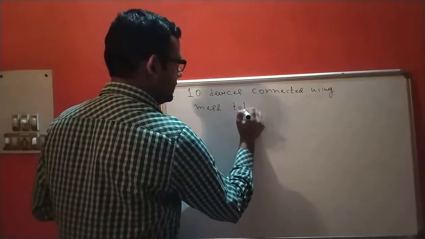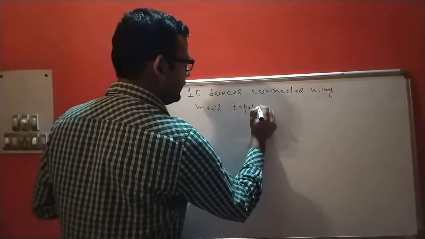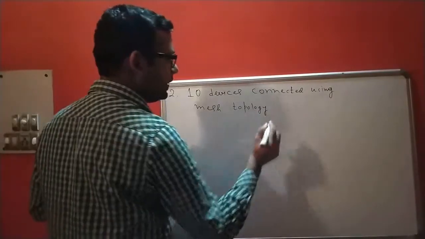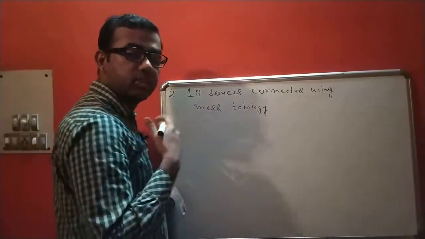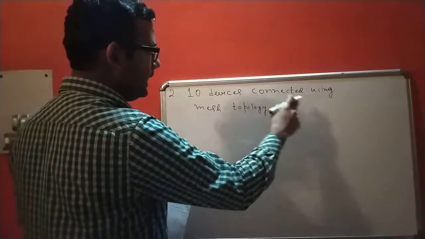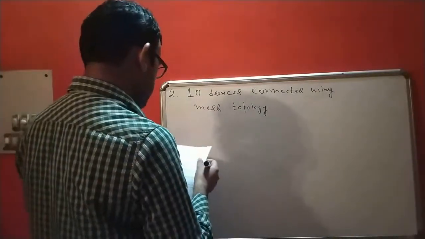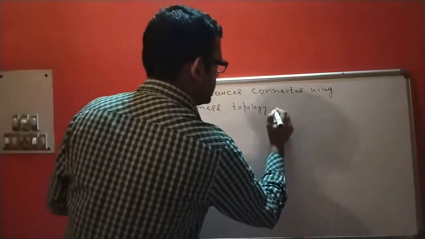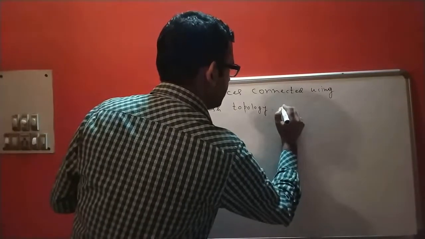What happens in mesh topology is, every device is connected to every other device in the network using a dedicated link. We are given 10 devices connected using mesh topology and we are being asked to find the number of ports.